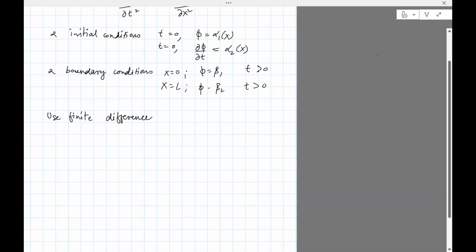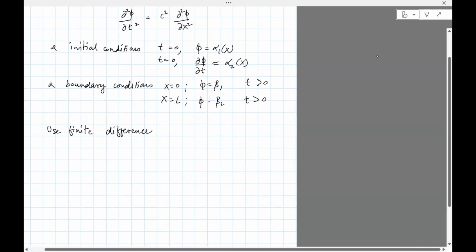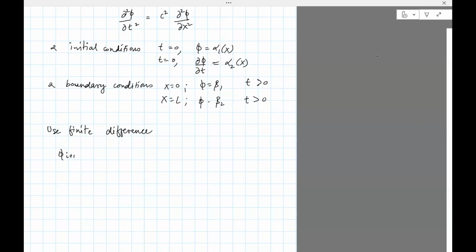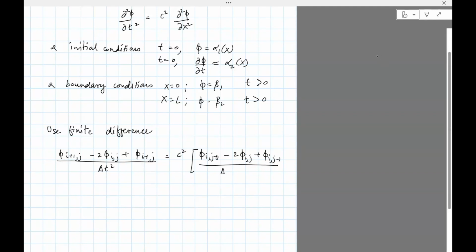So what I'll do is I'll use the central difference for ∂²φ/∂t²: (φ(i+1, j) minus 2 φ(i, j) plus φ(i−1, j)) divided by Δt² equals c squared times (φ(i, j+1) minus 2 φ(i, j) plus φ(i, j−1)) divided by Δx².